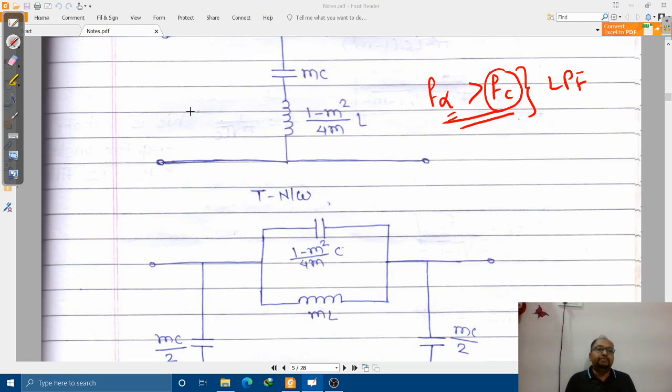In the pi network this also satisfies the criteria of resonance, and it will also resonate at f alpha, which is greater than the cutoff frequency of that particular filter.